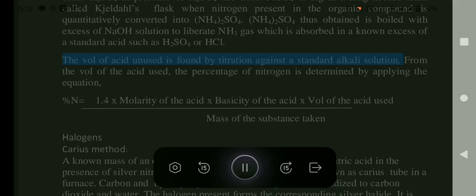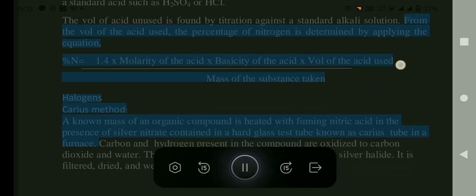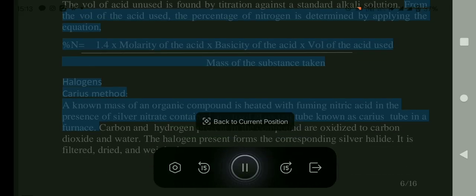The volume of acid unused is found by titration against a standard alkali solution. From the volume of the acid used, the percentage of nitrogen is determined by applying the equation, %N equals 1.4 × molarity of the acid × basicity of the acid × volume of the acid used / mass of the substance taken.